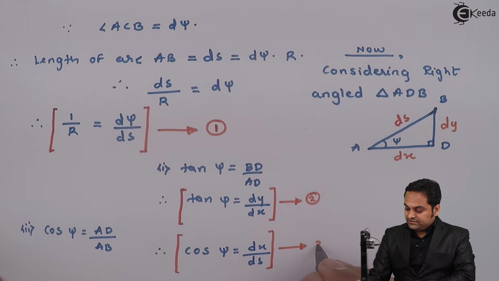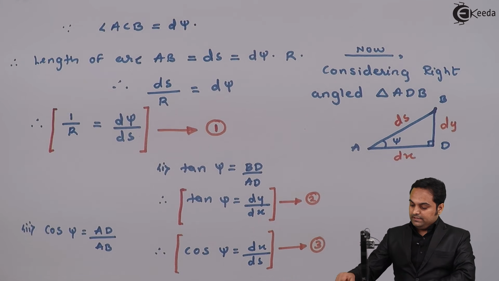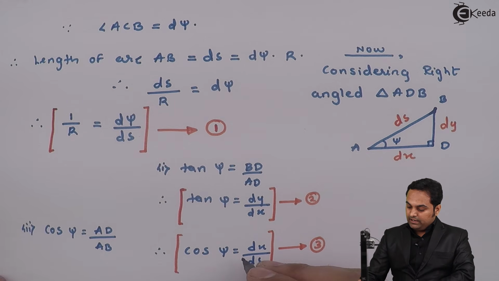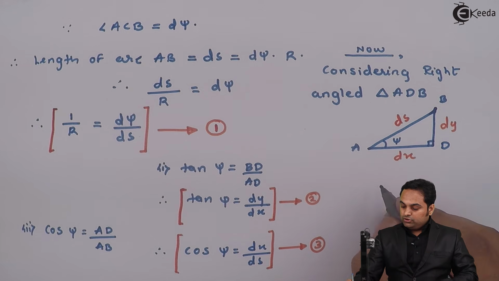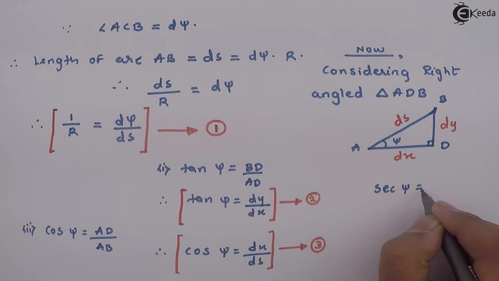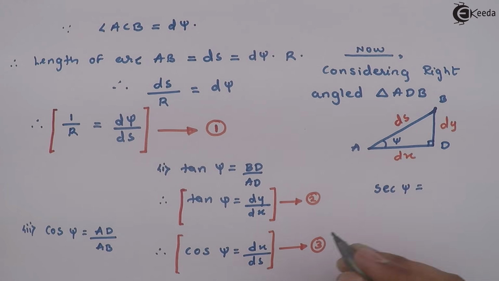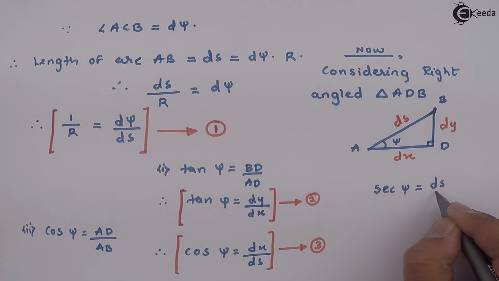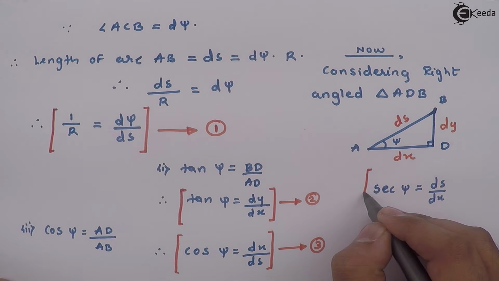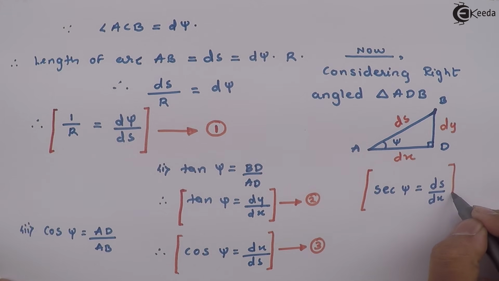I'll keep this as equation third. And similarly, once I got cos psi, now I will take the reciprocal. So I get sec psi, which is the opposite of cos. So here I will get ds by dx. This I will keep as equation number 4.